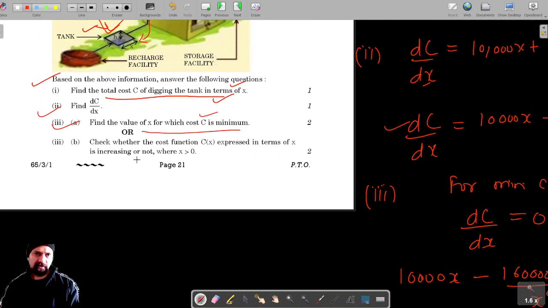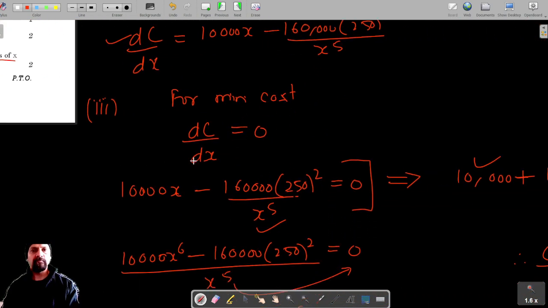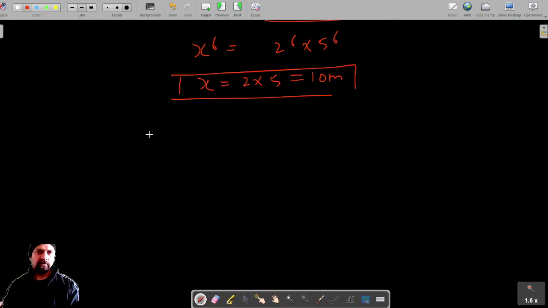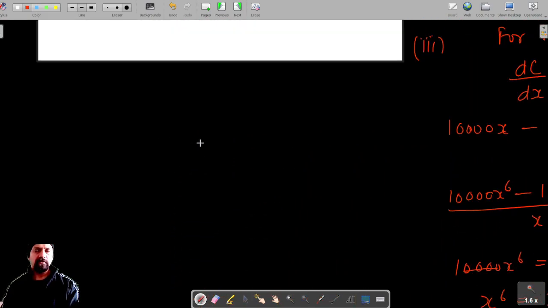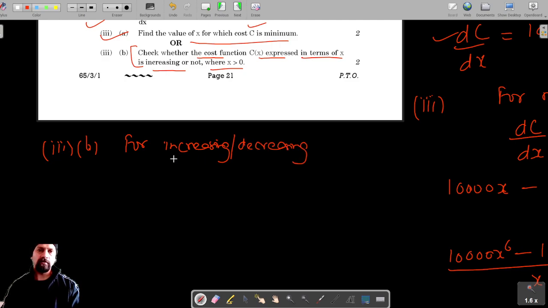Okay, now let's solve the part B as well. We have to check whether the cost function expressed in terms of x is increasing or not, where x is greater than 0. So for increasing or decreasing, this is the part 3. So part 3 is part B. For an increasing or decreasing function, f dash x should be greater than or equal to 0.